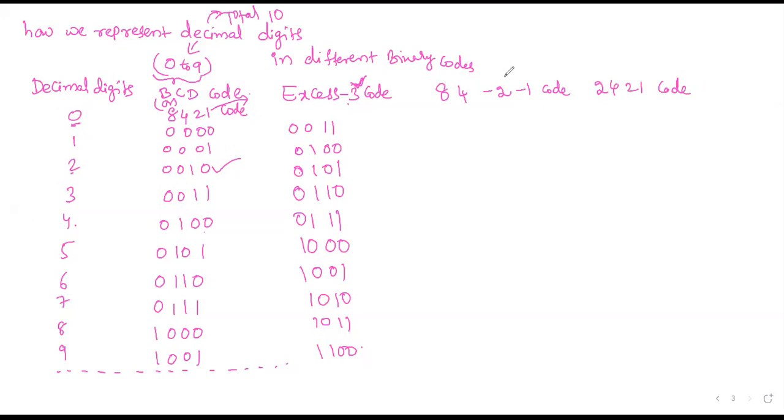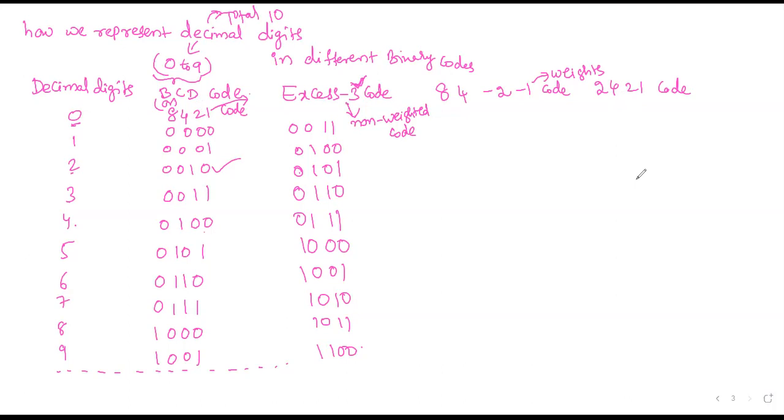What does this 8 4 minus 2 minus 1 mean? These are the weights. XS3 does not have any weights, so this is called a non-weighted code. Whereas BCD code has weights for each position, so this is a weighted code.